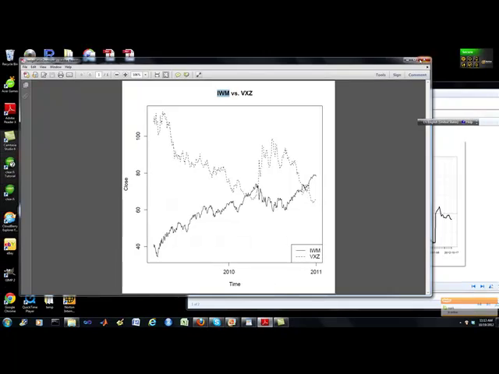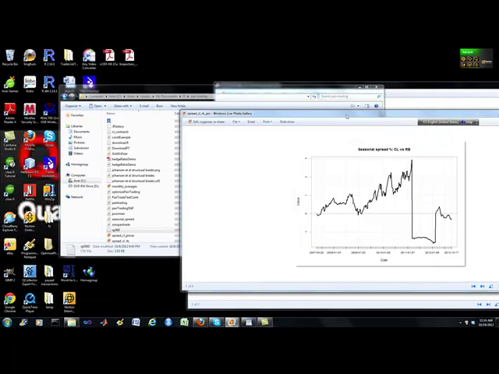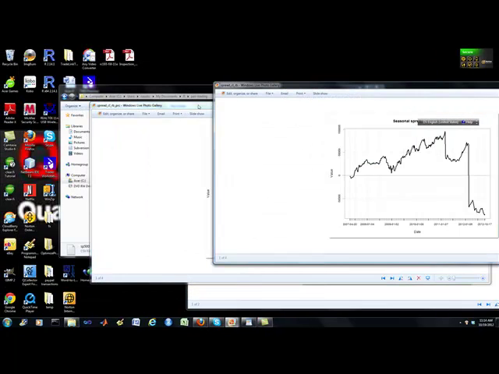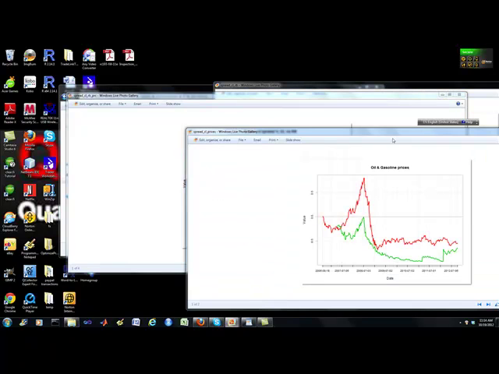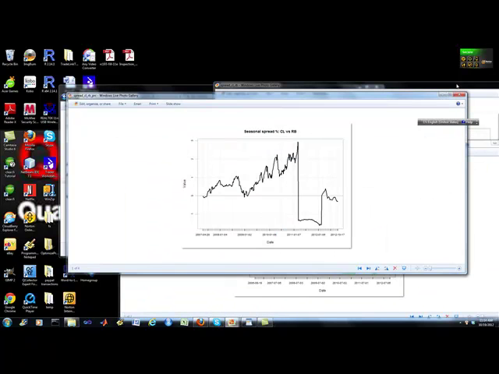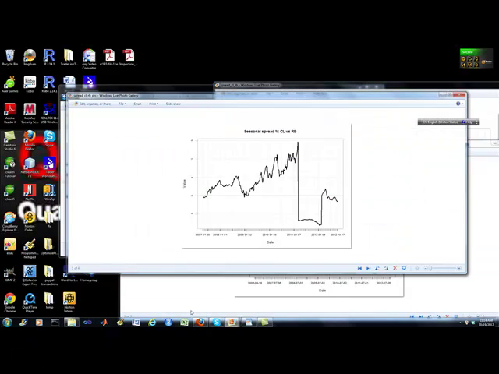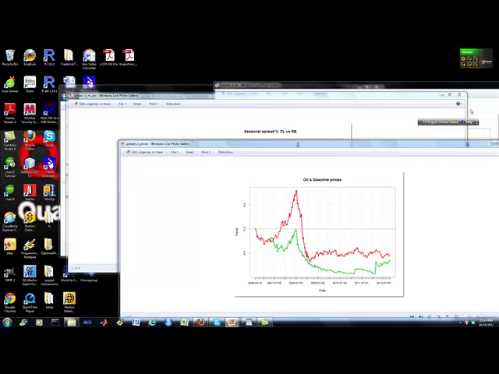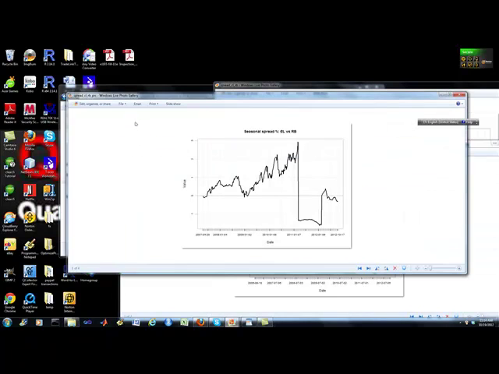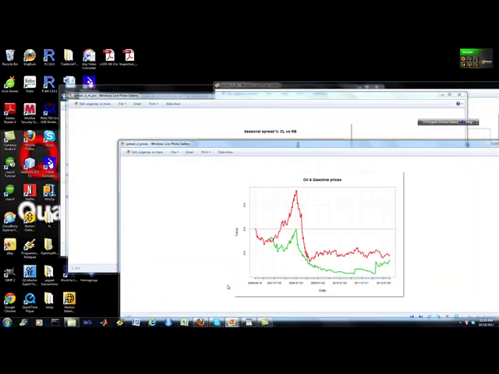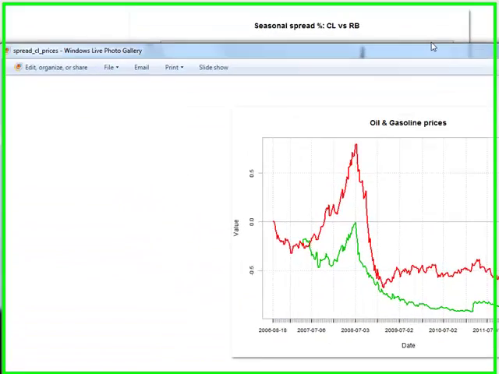As I keep saying, it doesn't stop there. And this is the really good one as well. I mean, they're all good. But this is generated from one script. What we're looking for is seasonality trends. This is what can be generated from the difference between the CL and RB, oil and gasoline basically.